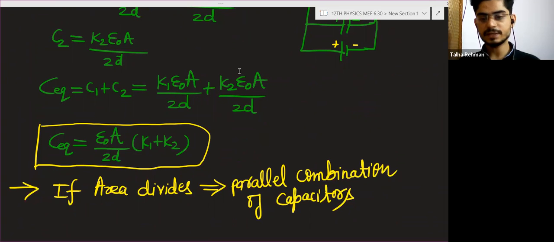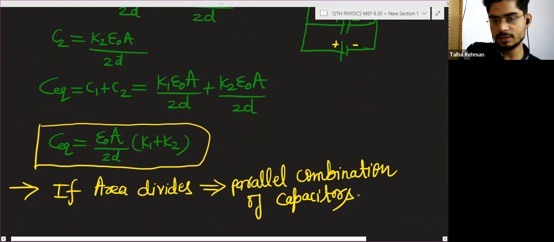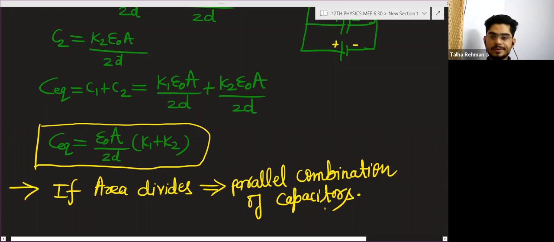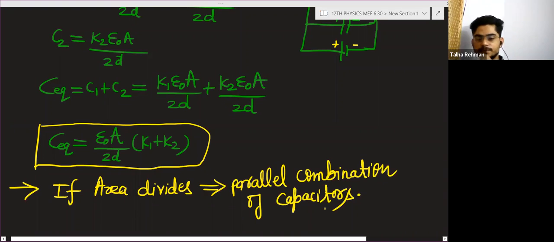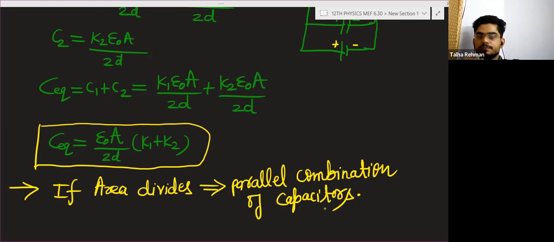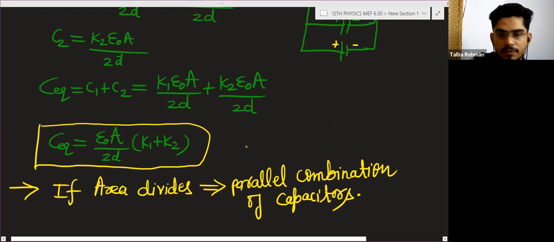If area divides, then you can understand that the capacitors are connected in parallel combination. So this is the formula.